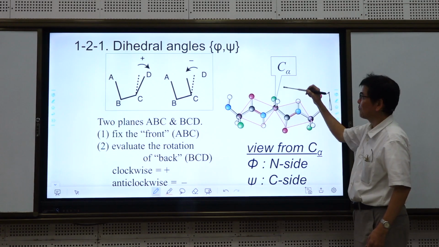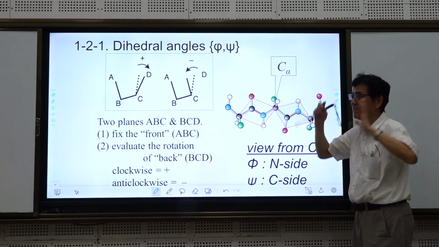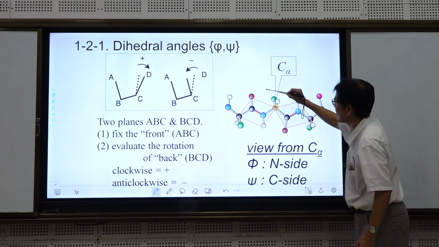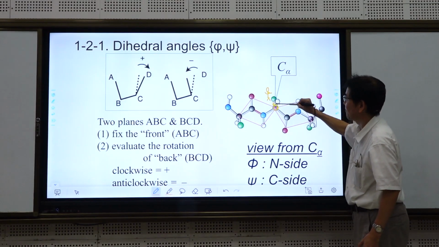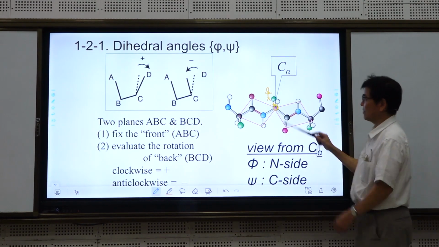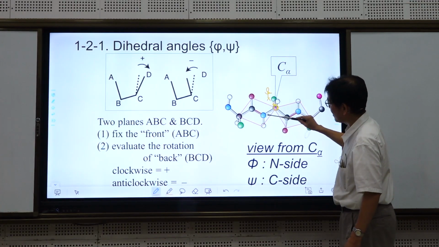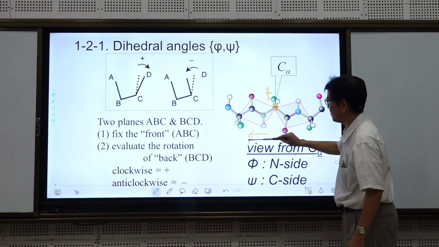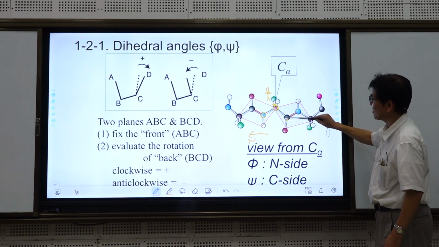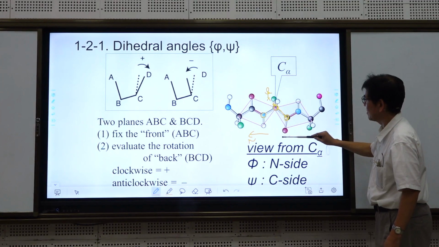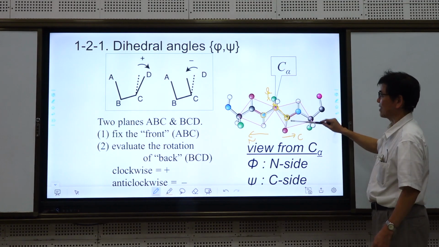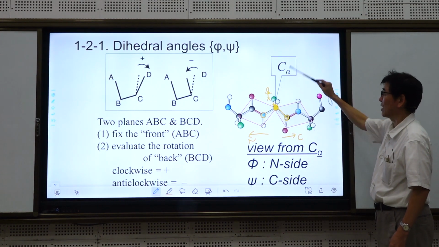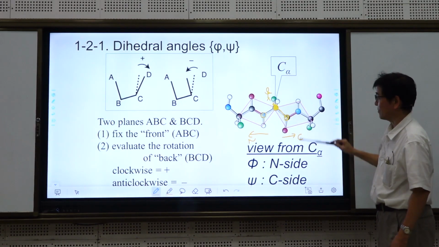Then please watch on this carbon. So you are here. Then let's see, this direction is the N side. This side is the carbon side, C side. When we watch from this carbon alpha, N side, C side.